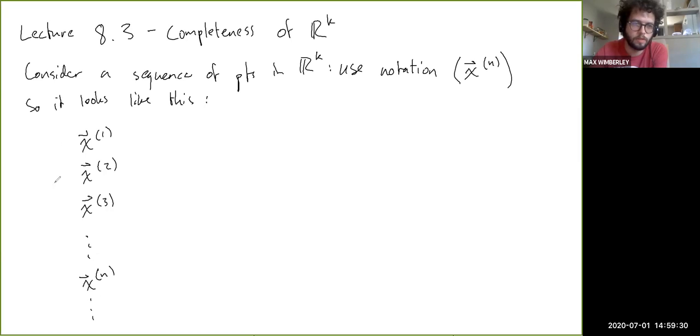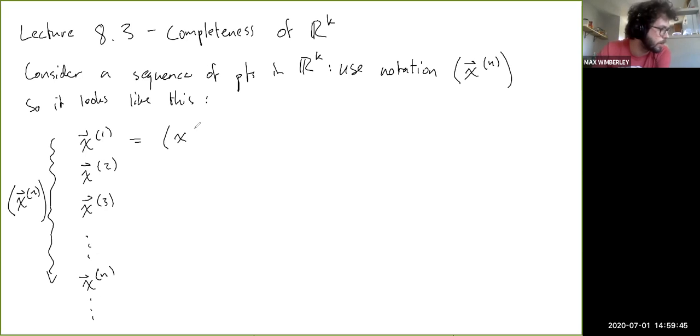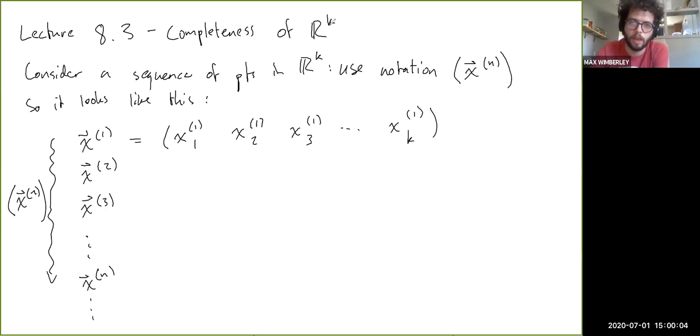This is the sequence x^(n). Now, each of these points is a list of numbers. So we have x^(1) with components x^(1)_1, x^(1)_2, x^(1)_3, up to x^(1)_k, and that's it, because we're in k-space.